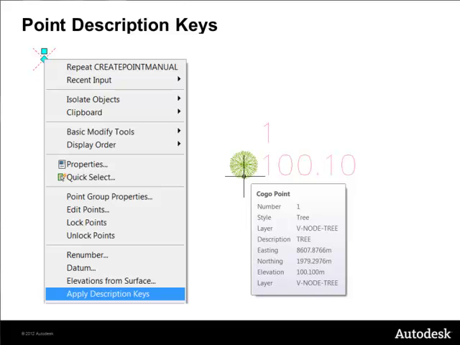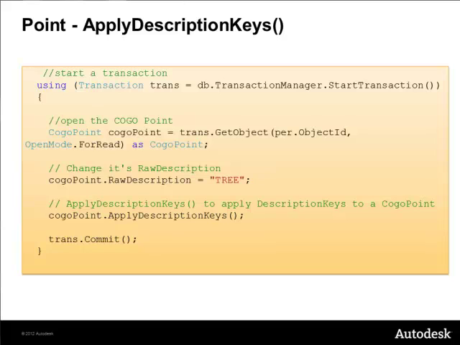AutoCAD Civil 3D provides a nice UI tool, Apply Description Keys, to apply description keys to a single point or a collection of points. The C# code snippet in this slide demonstrates how to apply description keys to a selected point using the Apply Description Keys API.